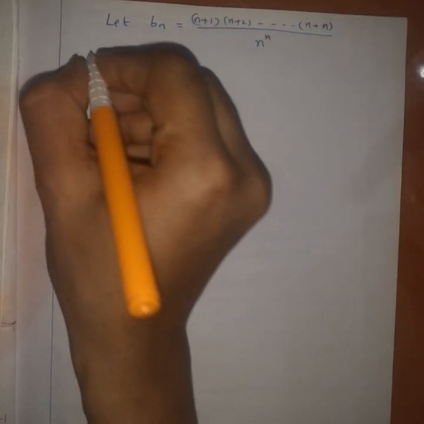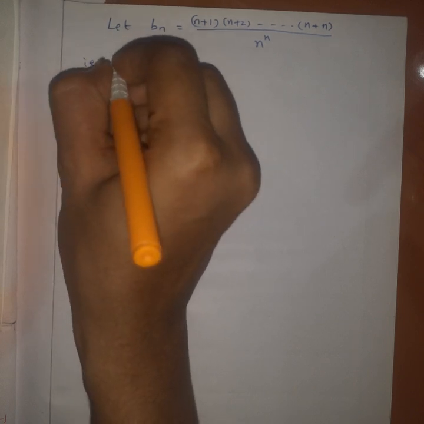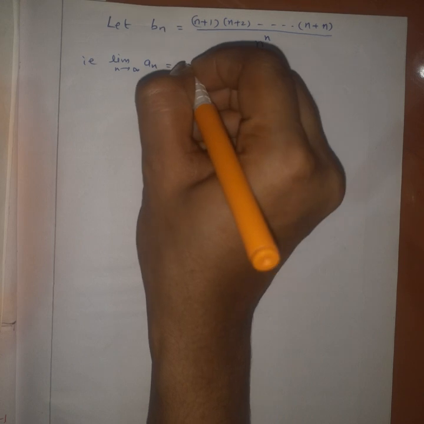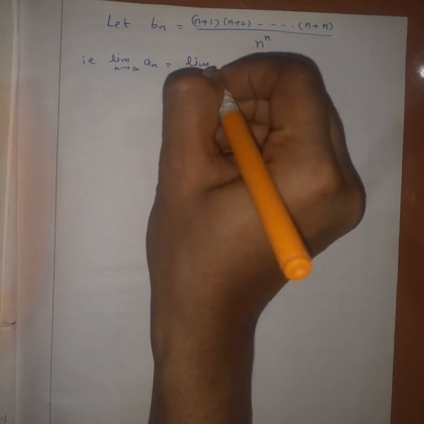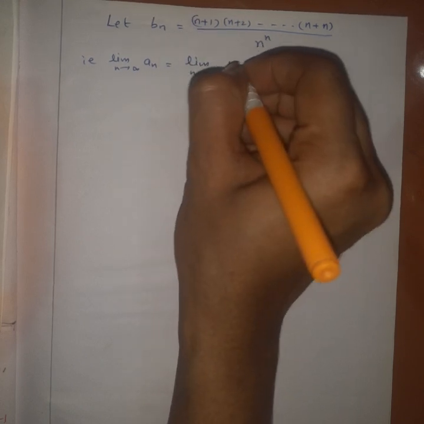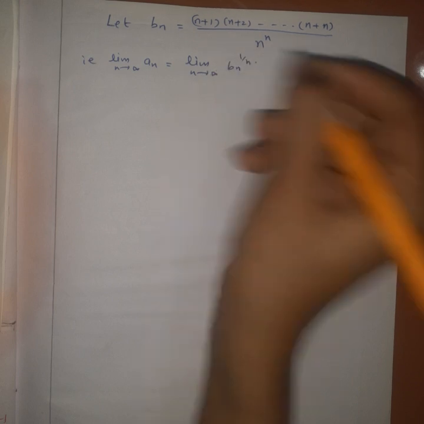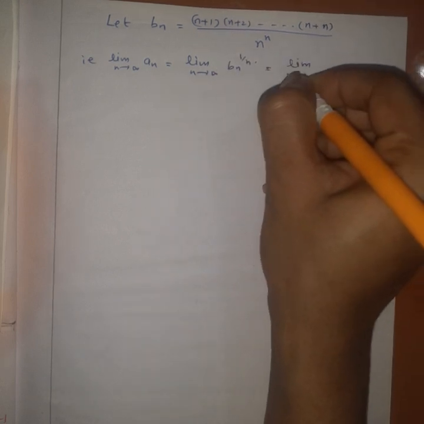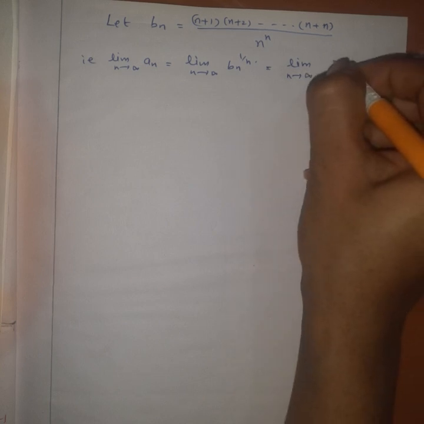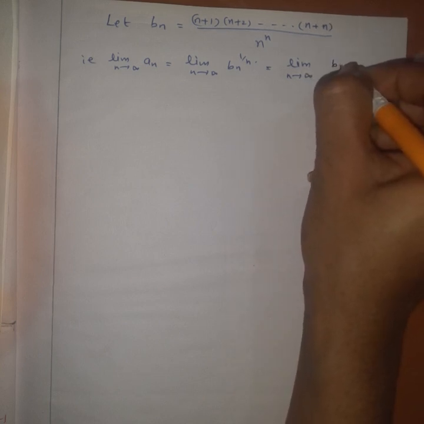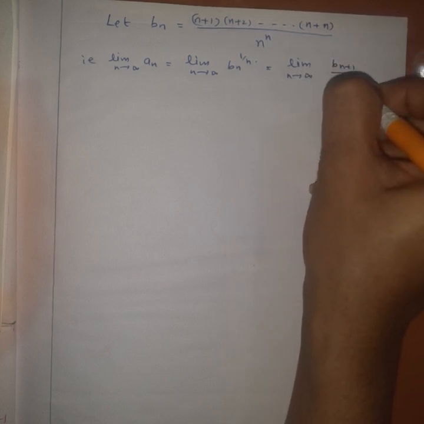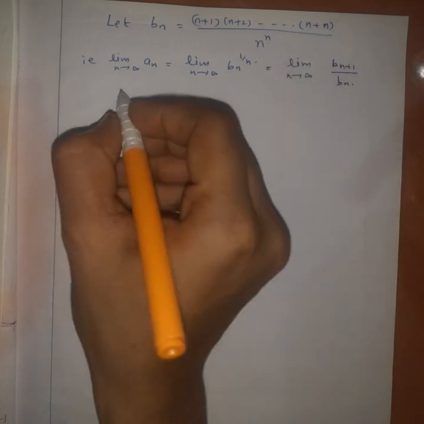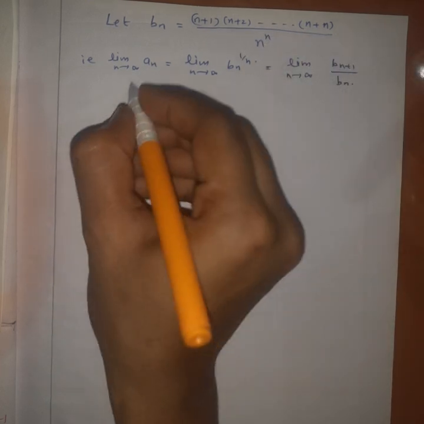So limit n tending to infinity of an is nothing but limit n tending to infinity of bn to the power 1 by n. This can be evaluated using Cauchy's theorem on limits: limit n tending to infinity of bn plus 1 by bn. Here bn is this. Now we shall evaluate this limit.